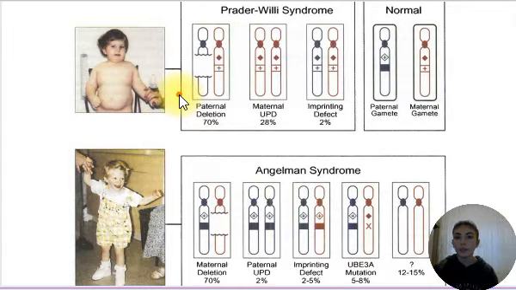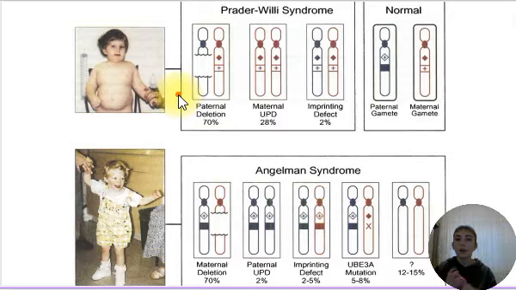Second, how you can see Prader-Willi in a newborn, for example: you will see presentation of hypogonadism, and you will see floppy baby syndrome when hypotonia is present, right? So in these children, you will see hypotonia, hyperphagia (overeating), right?